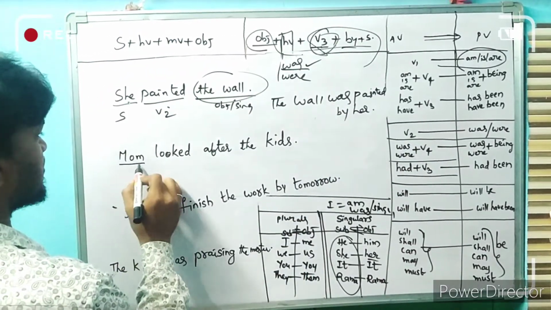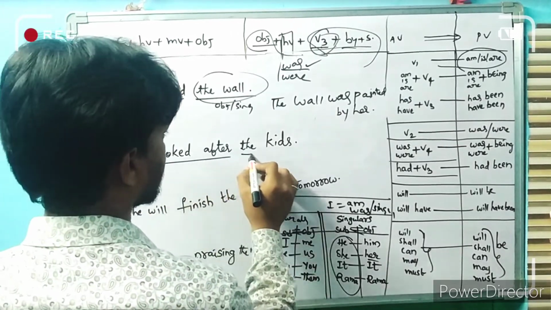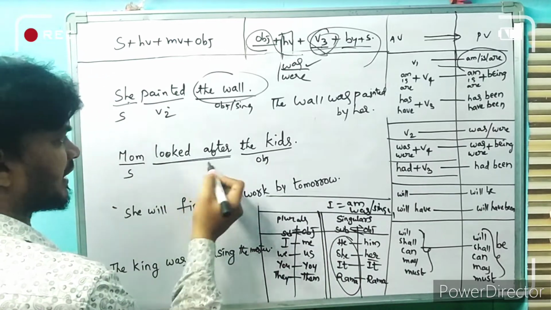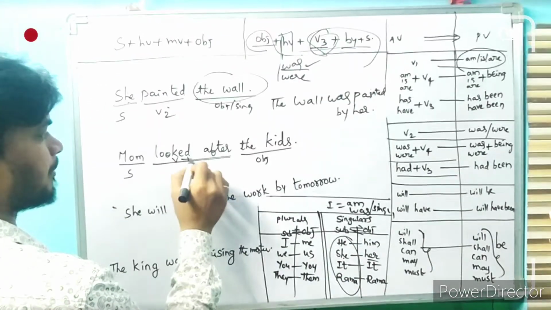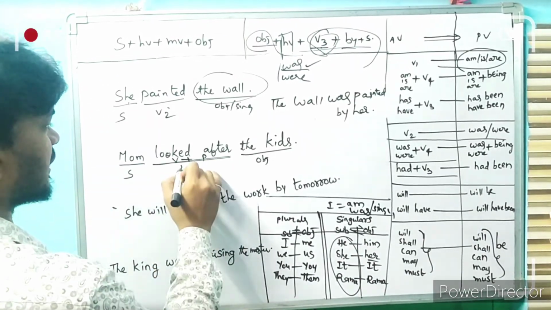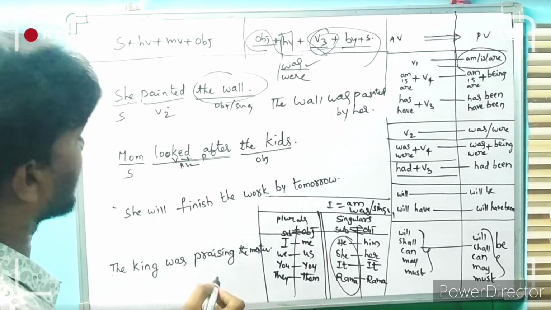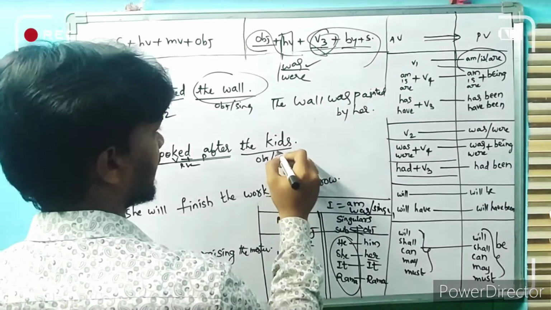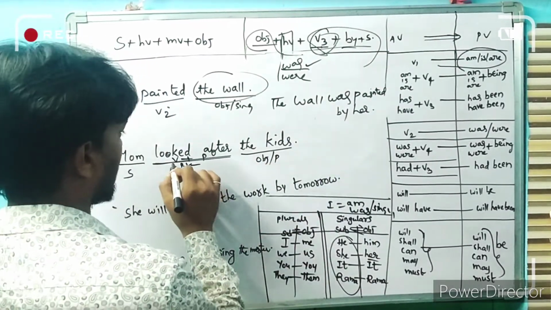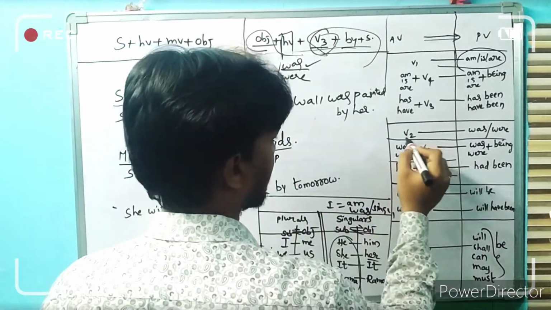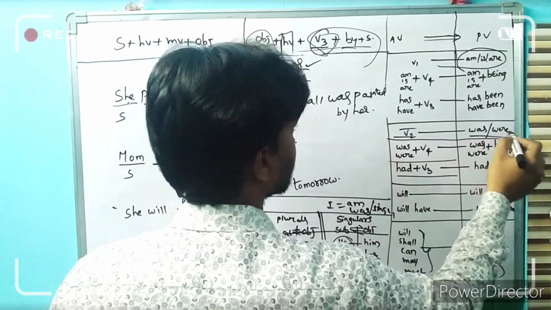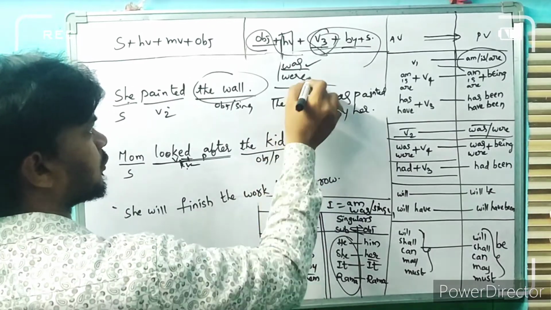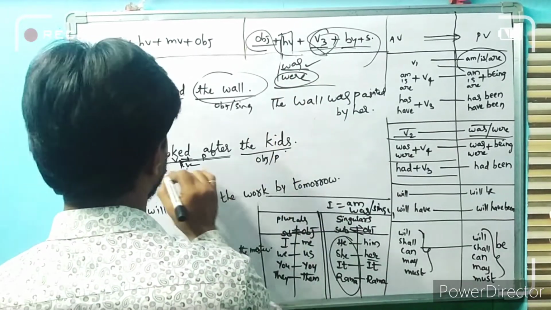Next sentence. Mom looked after the kids. Looked after is a phrasal verb. Verb plus preposition is called a phrasal verb. Here the kids is the object, and it is plural. Looked after is a V2 form, past simple tense. In passive voice, the helping verbs are was, were. Kids is plural, so we use were here. Now see the answer.